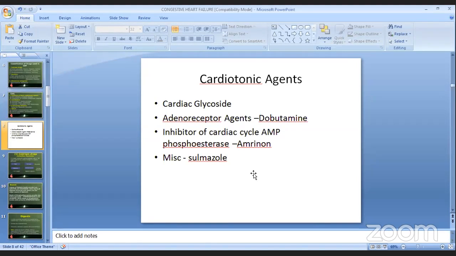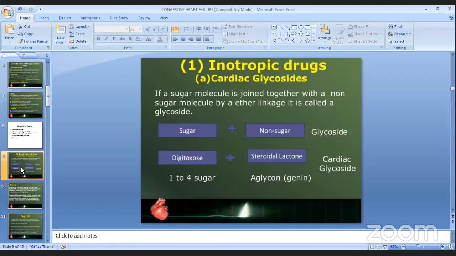Another is an inhibitor of cyclic AMP, that is amrinone. Salmazole is a miscellaneous category of drugs. Now, what are inotropic drugs? That is cardiac glycosides.